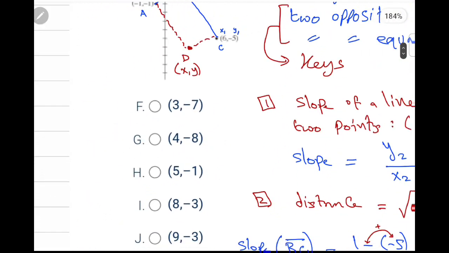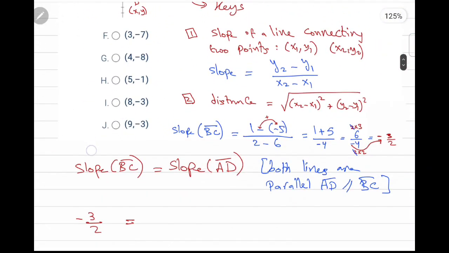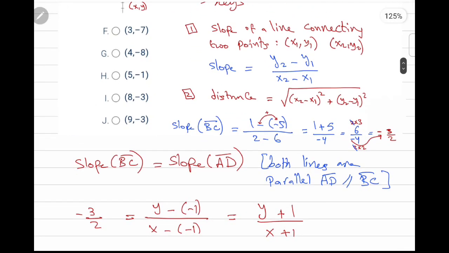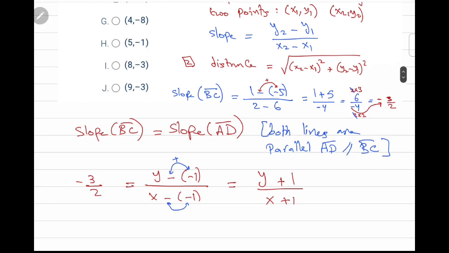What we get is y minus minus 1 divided by x minus minus 1, and that will give us y plus 1 divided by x plus 1, and remember that minus with minus becomes plus.